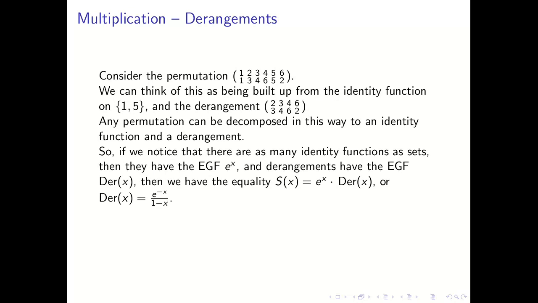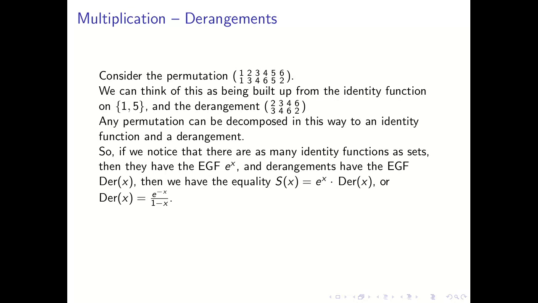We're just going to call it Der(x) because we don't know what it is yet. And S(x) is our exponential generating function for our permutations. And so thinking about permutations as this product, we have an equality. S(x) is equal to e to the power of x times Der(x).